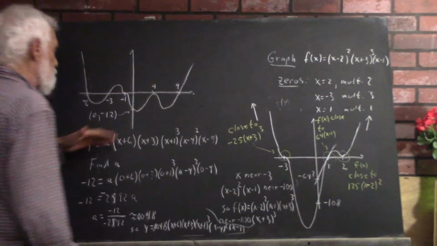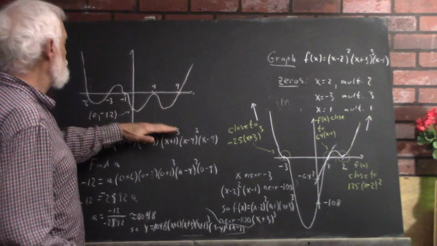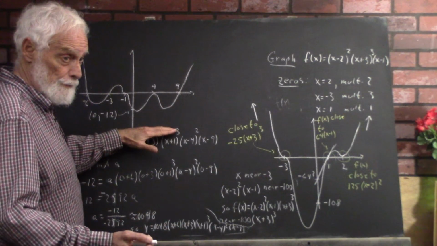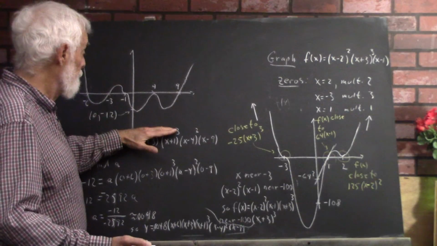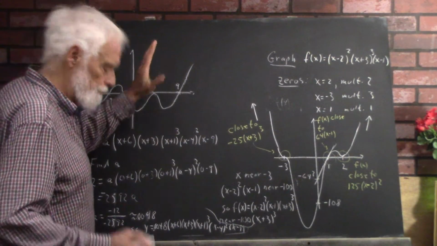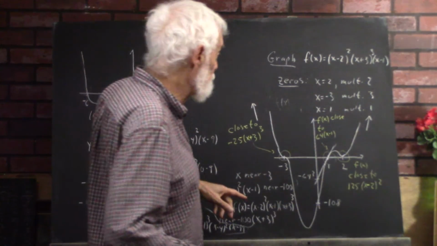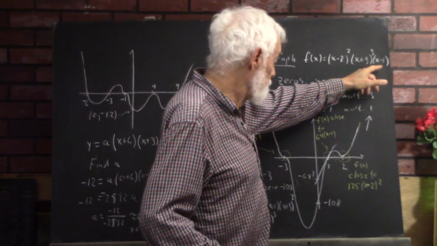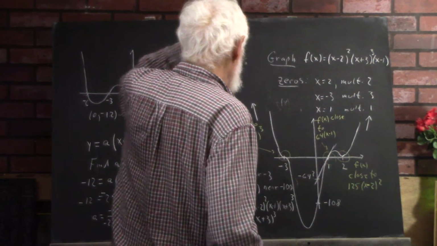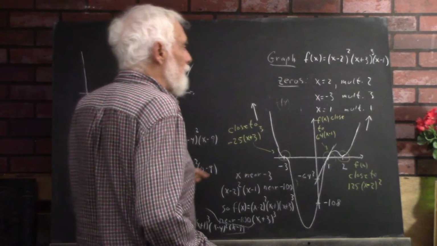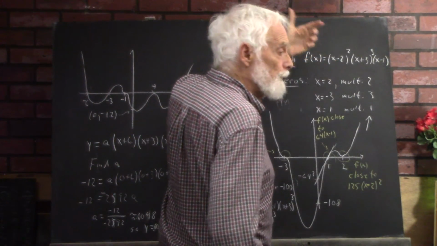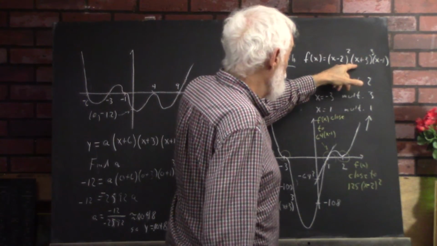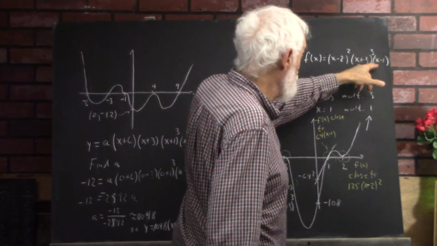Now, here's a graph. I just slapped this graph down, said here are the numbers, give me a function. Now, let me back up a minute. One more thing I need to say about this graph. If you expand these things, the overall behavior is that of the x to the 6th function, because you get an x squared from here, you get an x cubed out of this if you expand it, and you have an x here.